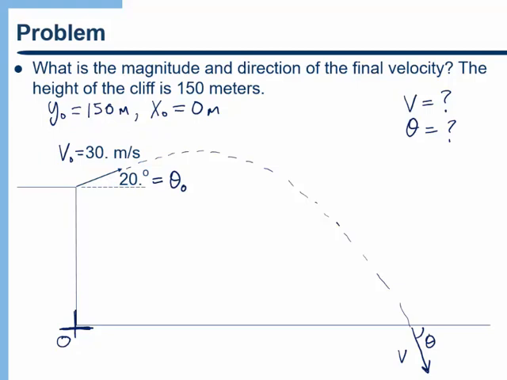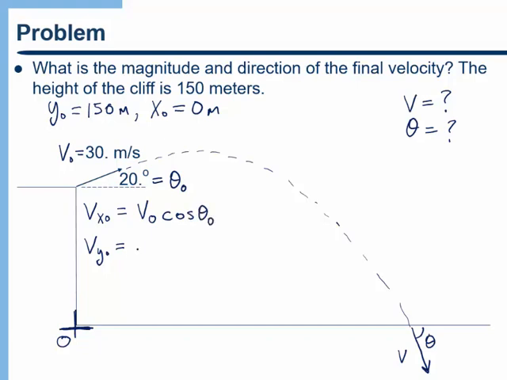So the next thing we probably want to do is figure out the components of the initial velocity. We know that vx naught and vy naught can be found by using our basic understanding of trigonometry. In other words, vx naught is simply found by taking the magnitude v naught and multiplying by the cosine of theta naught.